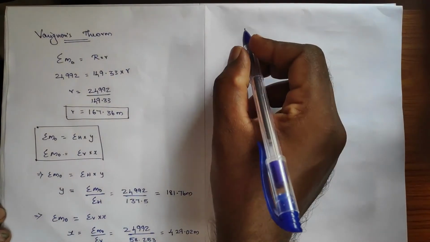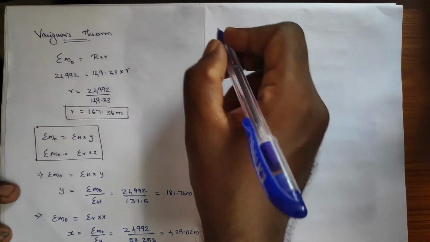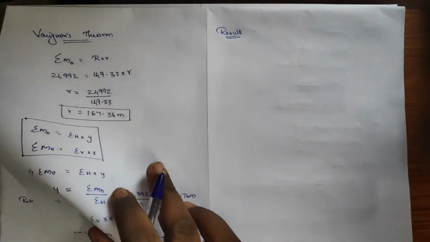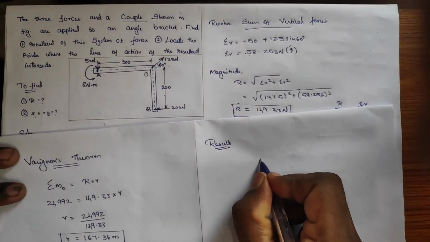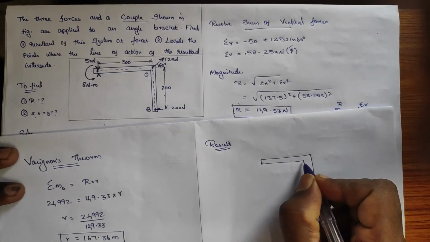What is the next step? x and y are found. The next step is the result. In order to plot the result, take the arrangement of this angle bracket.